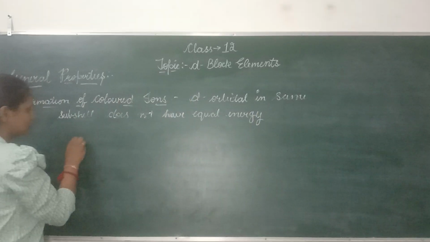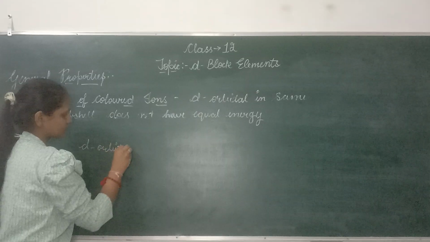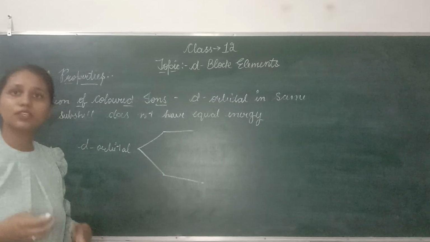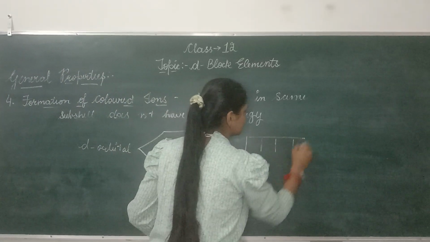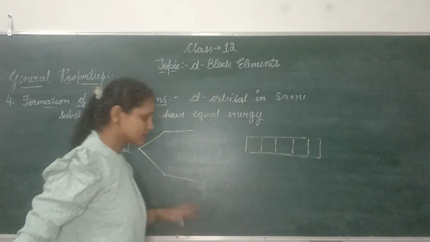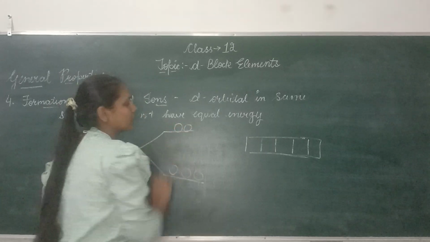The d orbital splits up into its orbitals. The d subshell contains 5 orbitals, 1, 2, 3, 4, 5, and these are split up into different energy levels according to their energy.